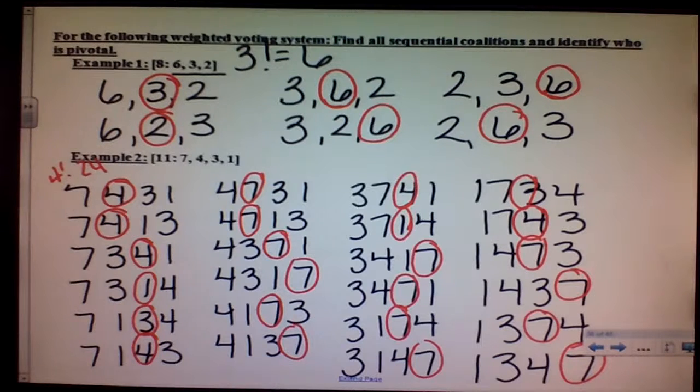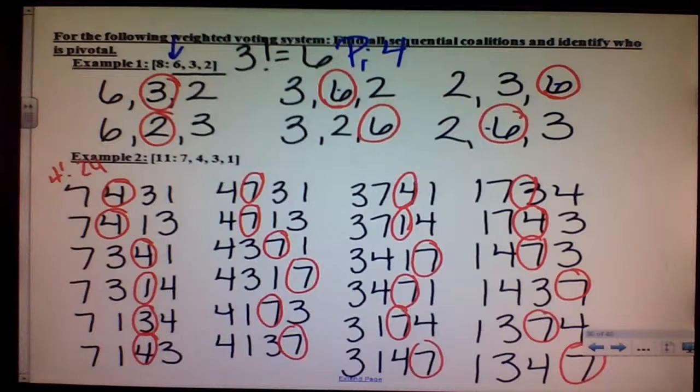Okay, so once you have your sequential, you've done your pivotal players, your last step is to count just like you did for the critical ones. So how many times was player one pivotal? Player one is your sixes. 1, 2, 3, 4.